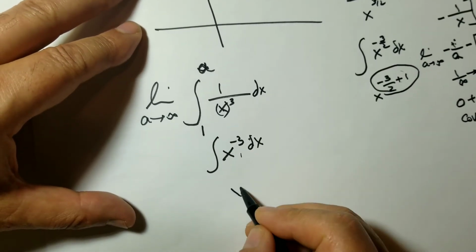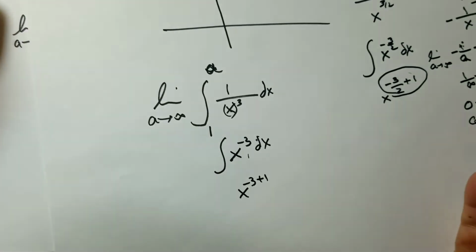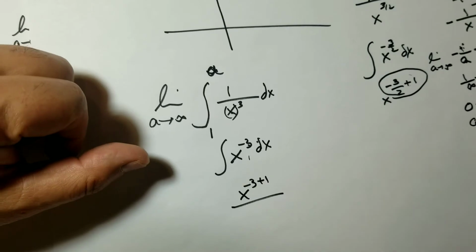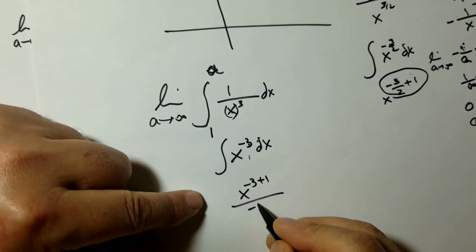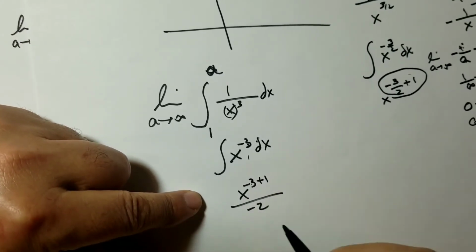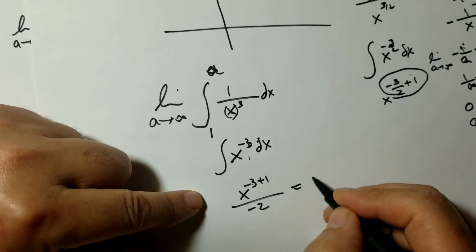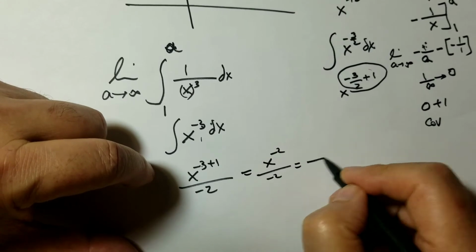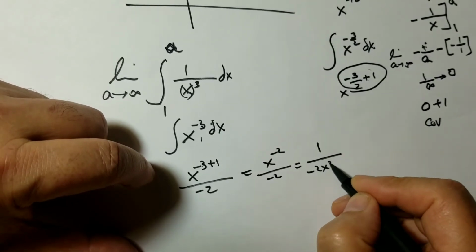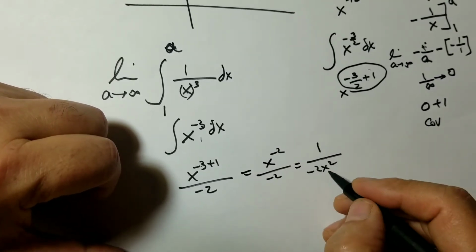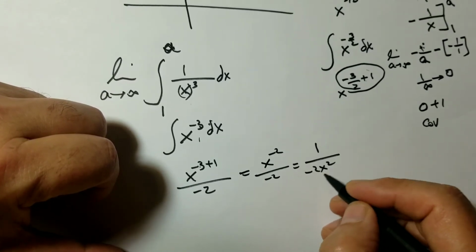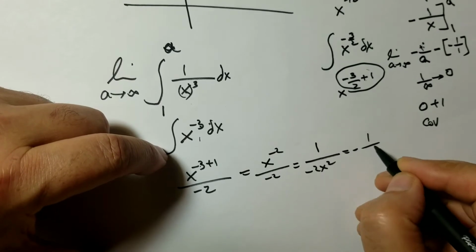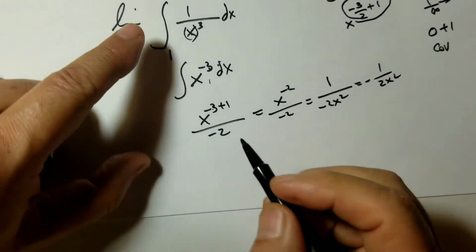But what is the integral of that one? You add 1. But when you add 1, because that number is already bigger than 1 and is negative, it will stay negative. And when it stays negative, you have no choice but to bring it down. Then when you put infinity right here, it makes it a 0. That's why it converges. And this is the same as -1 over 2x squared. Right now, I'm going to do that.